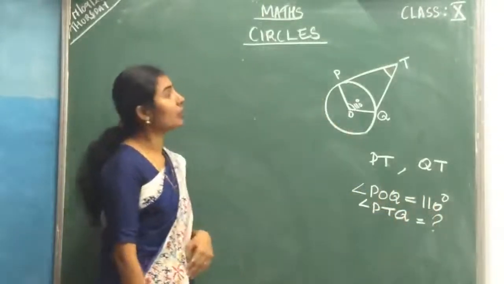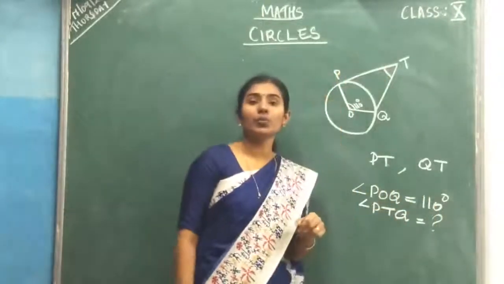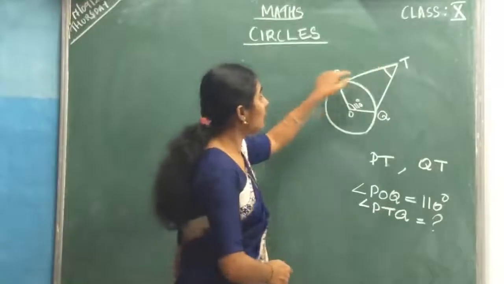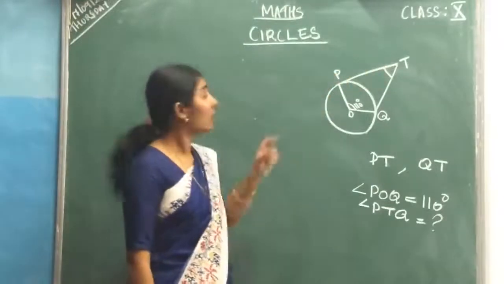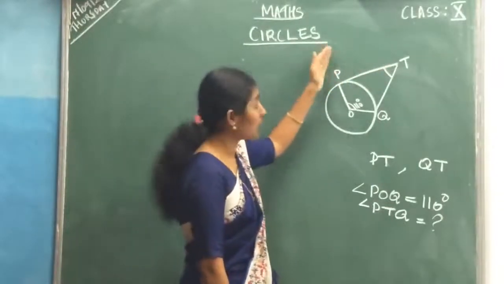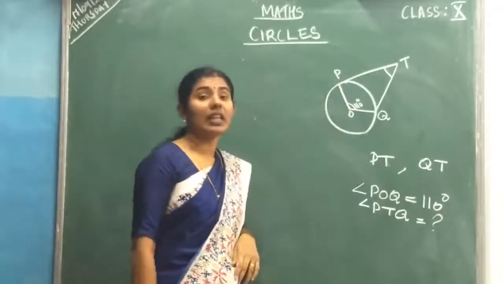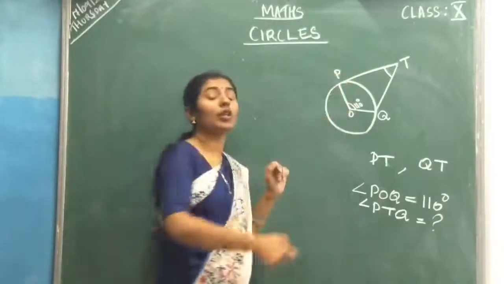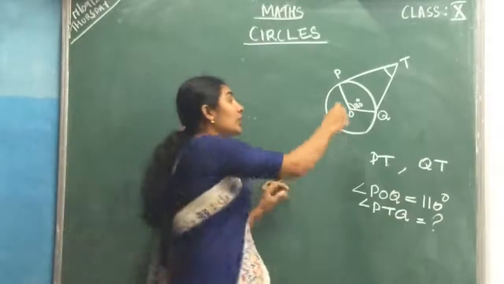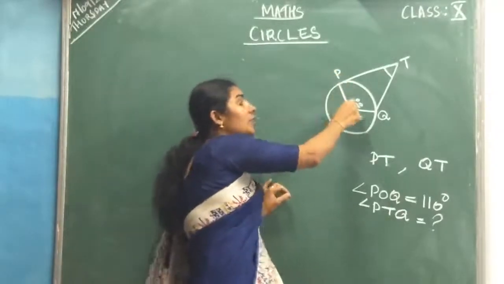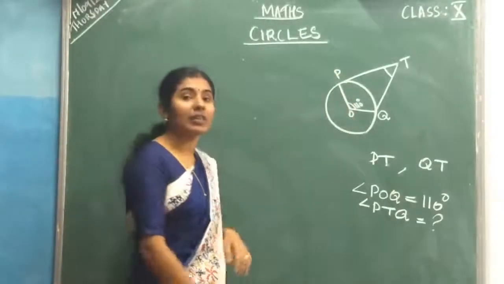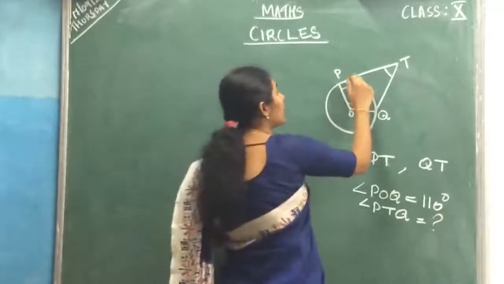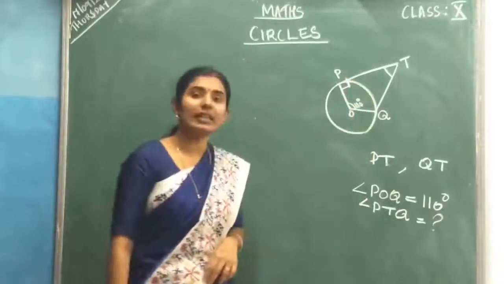Now we see how to find angle PTQ. See, PT is a tangent of the circle, and P is the point of contact. So the radius is drawn from this point of contact. That means what can you say? Radius is perpendicular to tangent.